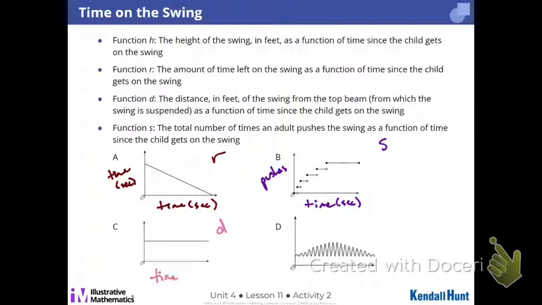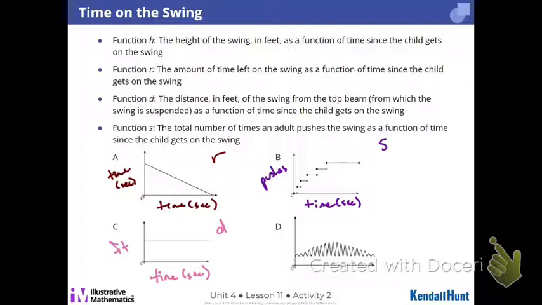So here's our times in seconds, and here's our feet. And then the only way you could kind of change this is maybe it's a little closer, maybe a dip at the end sometimes, like you get up there real high and there's that little bit of slack. But in this case, it's just staying the same, right? The distance from the beam is always the same.